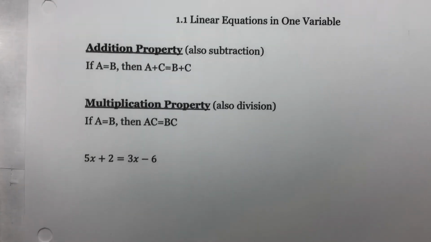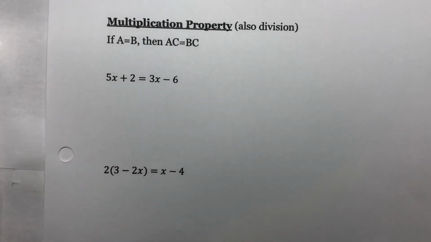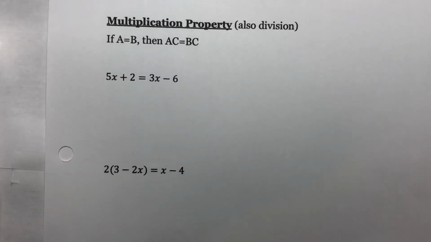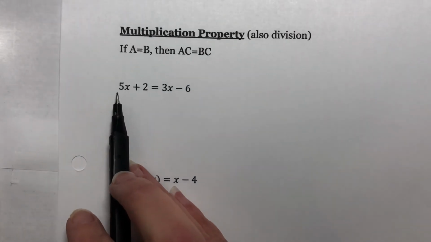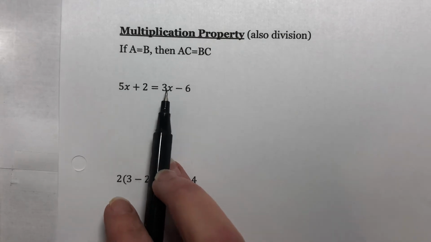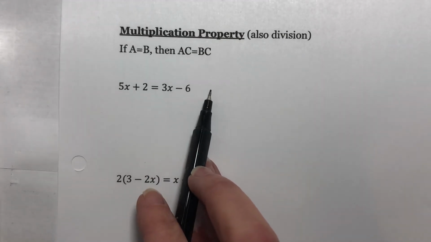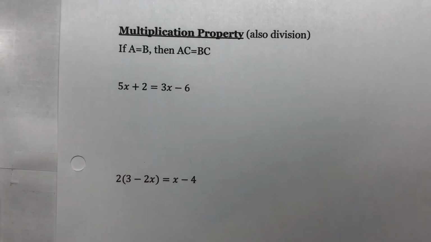Okay, so let's look at solving our first equation. Now, I'm going to be skipping some steps. I will always say it, and I usually mark what I am doing, but I don't always fully write down the next step. Right here we have 5x plus 2 is equal to 3x minus 6. If we're supposed to solve this, we want to get our x values on the same side.